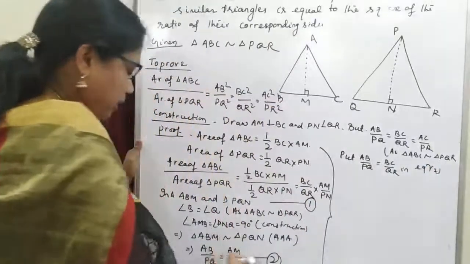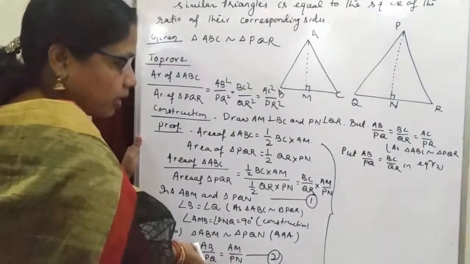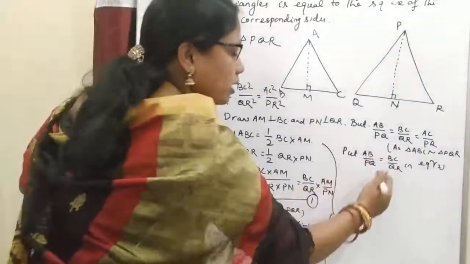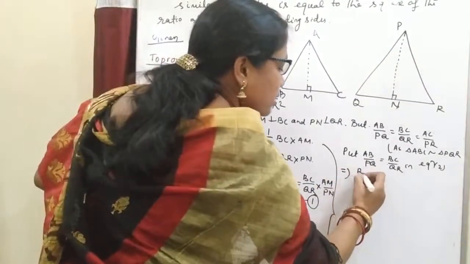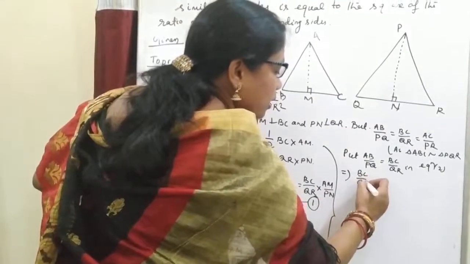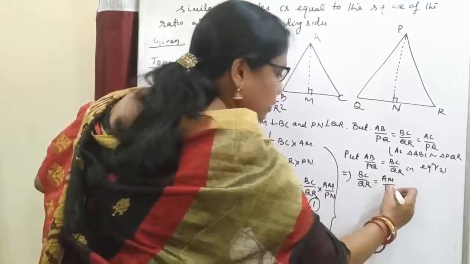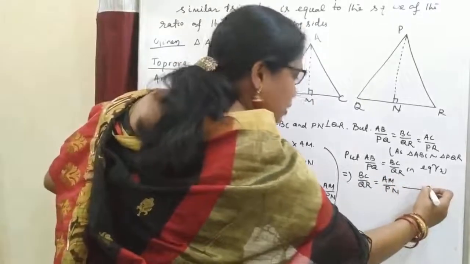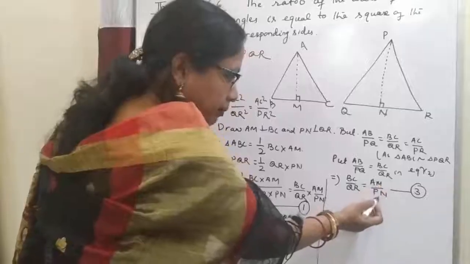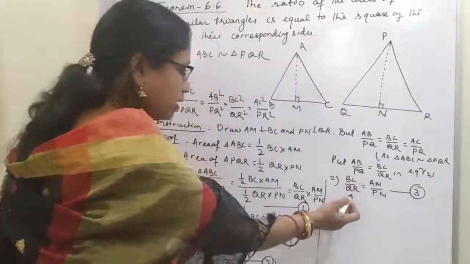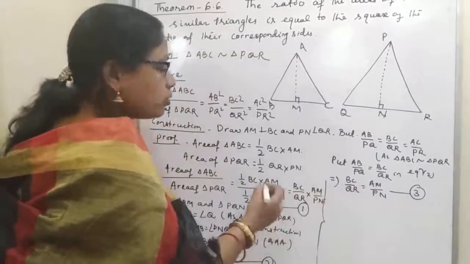Here in place of AB by PQ we have to put BC by QR. So this implies BC by QR is equal to AM by PN.